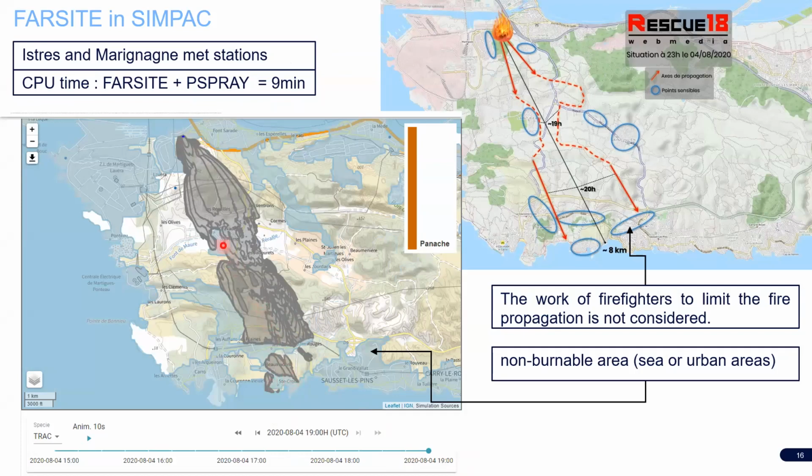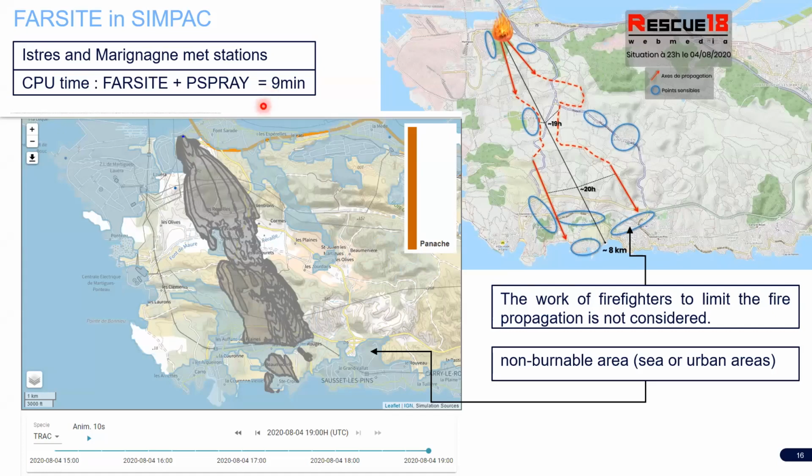To model the atmospheric conditions, we used two meteorological stations, Marignane and Istres. The total cost of the simulation is 9 minutes for Farsight plus P-spray. This was also important to say, because in case of emergency, you don't have a lot of time to carry out this kind of simulation.